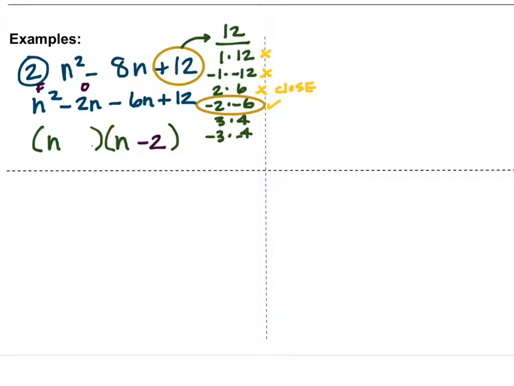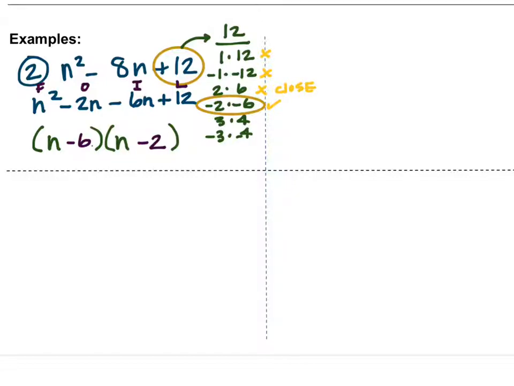For the inside terms, I need them to multiply to negative 6n, so I'm going to need to place a negative 6 in the box. And I'm going to check if those last terms, negative 6 times negative 2, in fact multiply to a positive 12. That's reversing the whole FOIL method that we're working with.